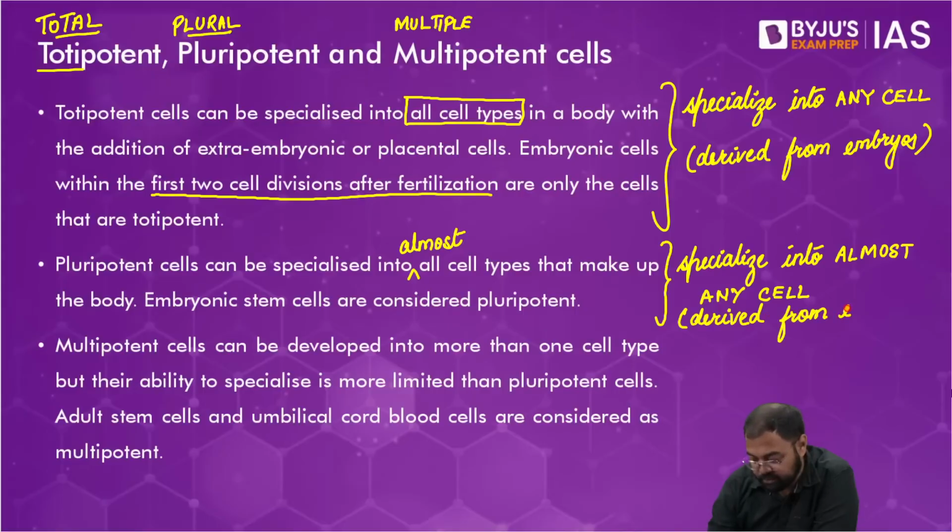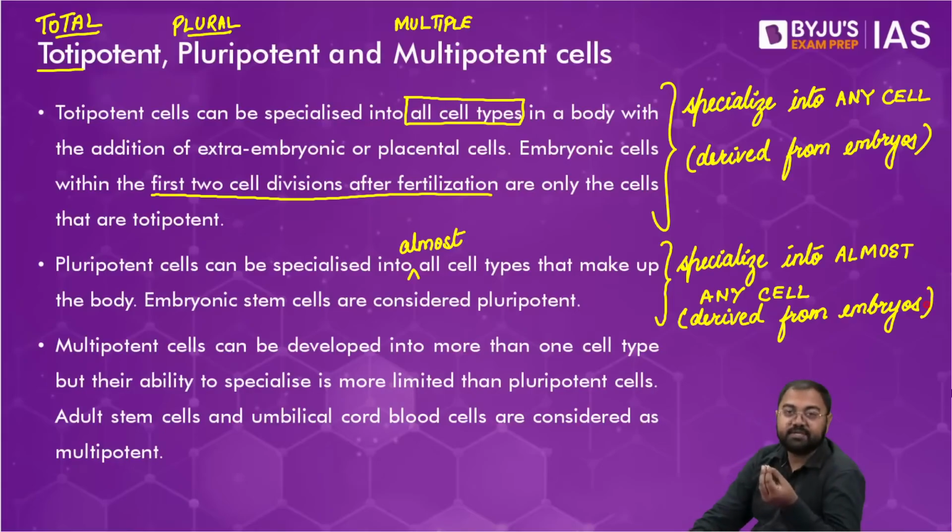So both of them are derived from the same place, just that totipotent stem cells come from within the first two cycles of cell division, and pluripotent cells come after the first two cycles of cell division. So that's the basic difference between the pluripotent cells and the totipotent cells.